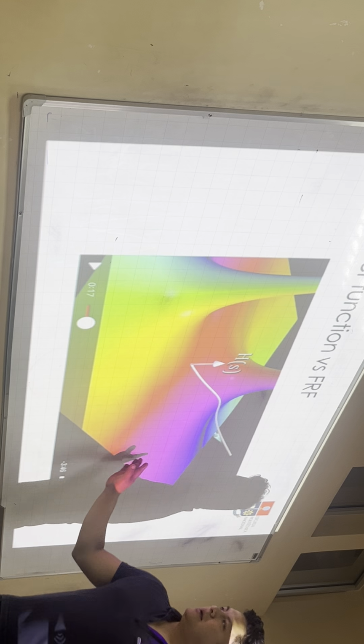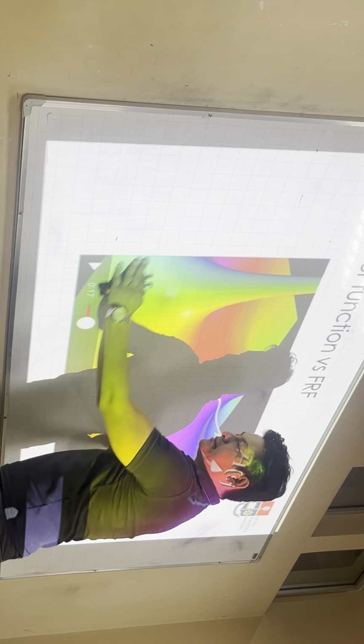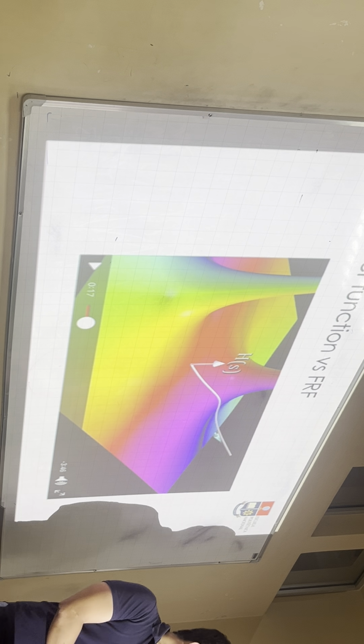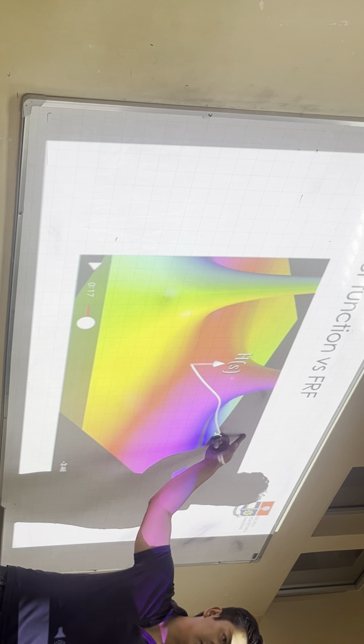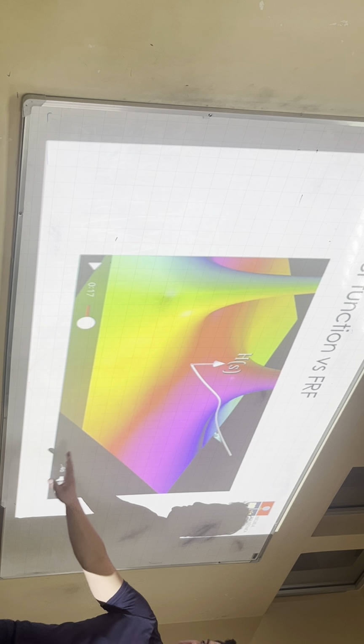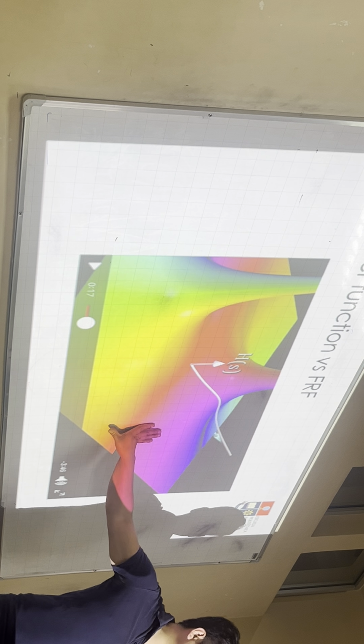So this is the only thing I wanted to show. The whole thing here is the transfer function in the complex plane. The complex plane has an imaginary part and a real part. If you plot it, you end up with some curve like this one.